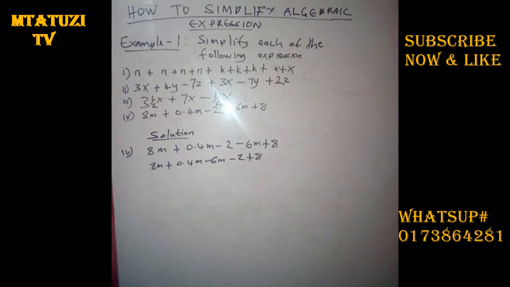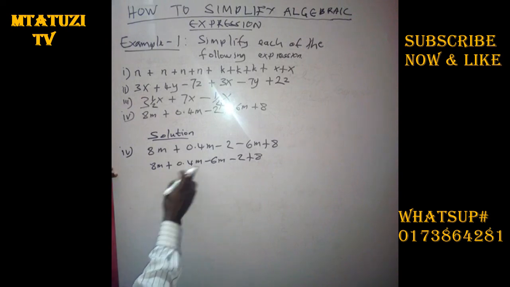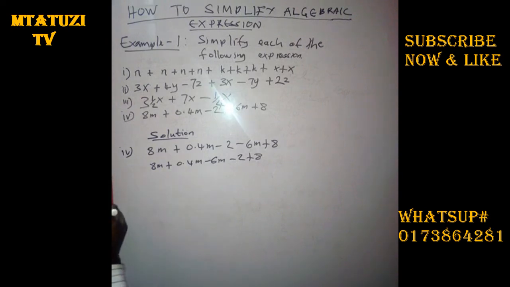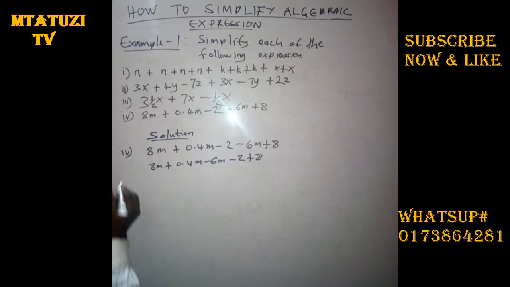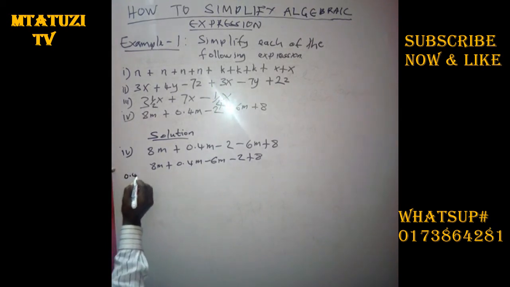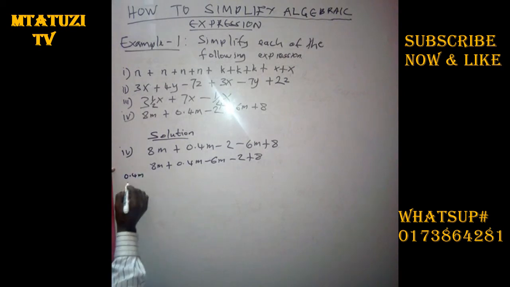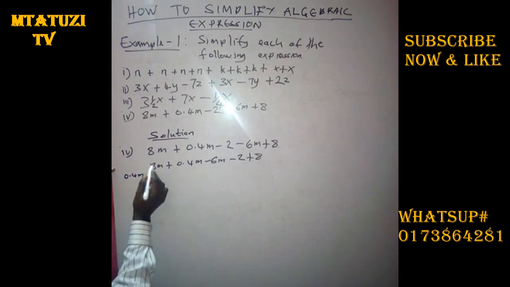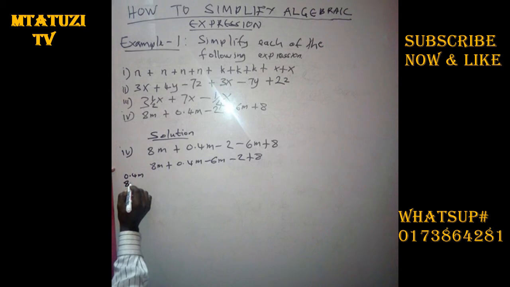We add 8m and 0.4m. If you don't know, you can do it aside. You take 0.4m plus 8m, 8 is a whole number, so 8 plus 0.4, you get 8.4m.